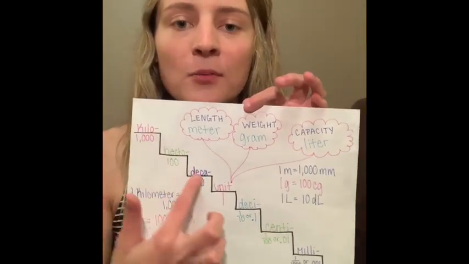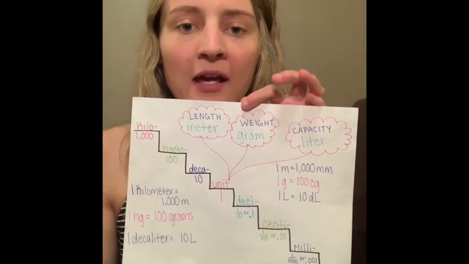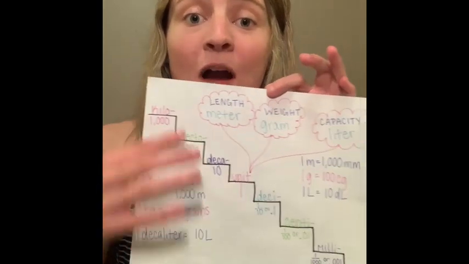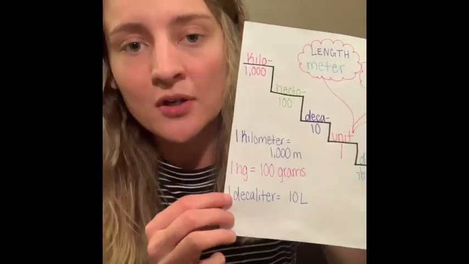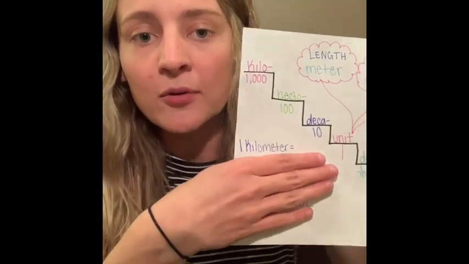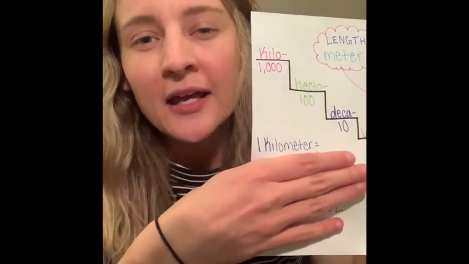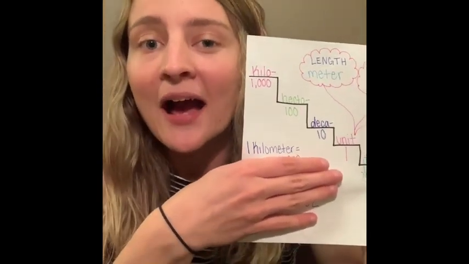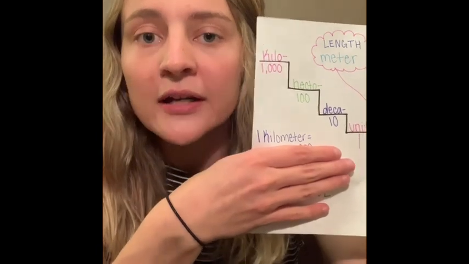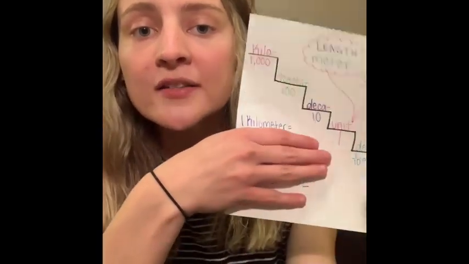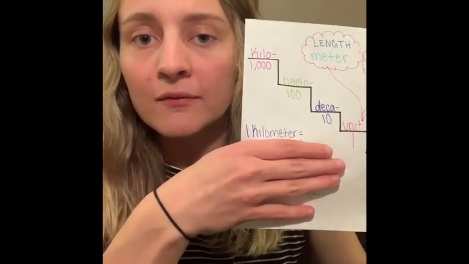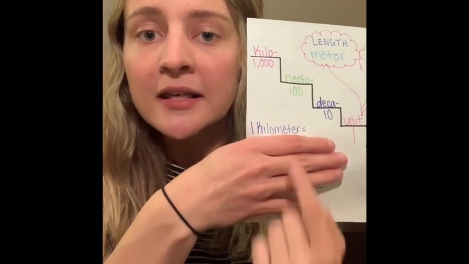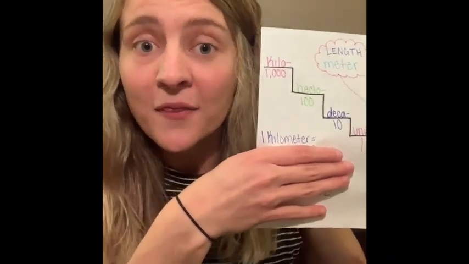So after we have written the prefixes and we've written out our units, now we're going to look at some examples. So our first example is 1 kilometer. If we need to find out how many meters are in 1 kilometer, what is the prefix in kilometer? It is kilo, and kilo means 1,000.